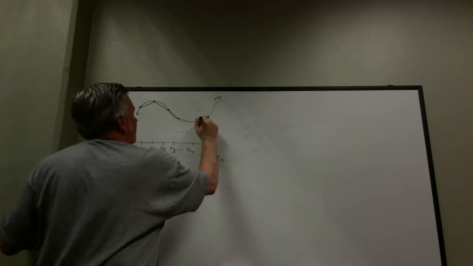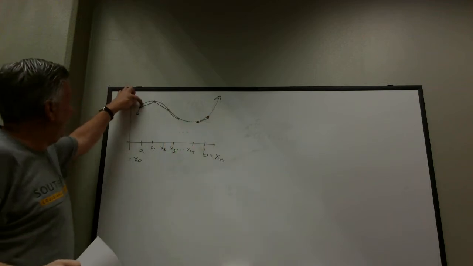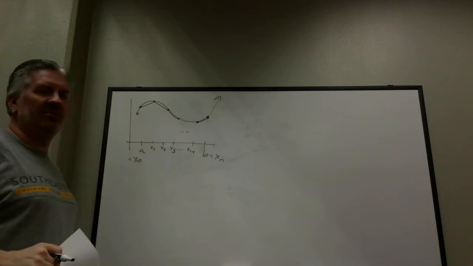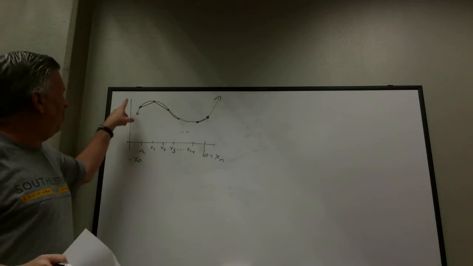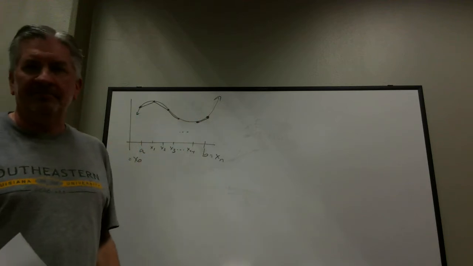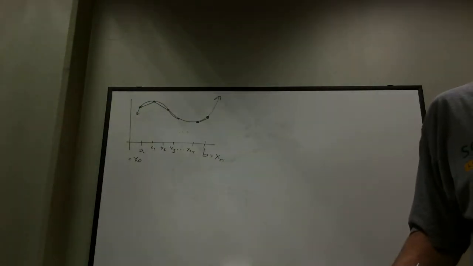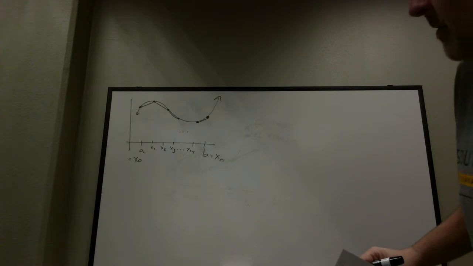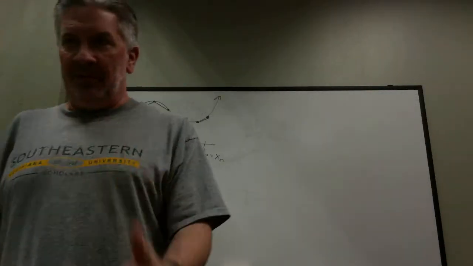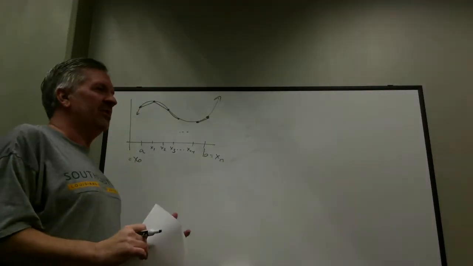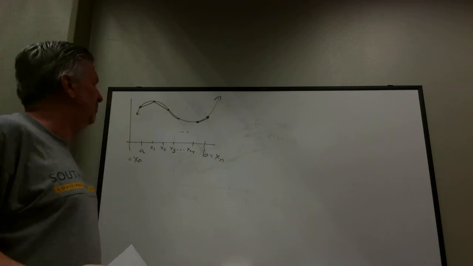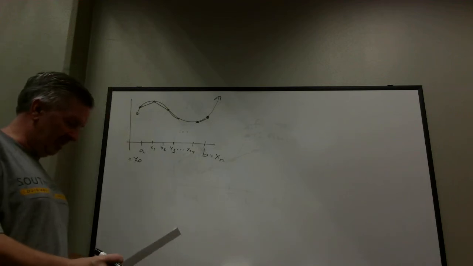Then we're going to add up the lengths of those line segments that we already know how to do, and that will approximate the length of the curve. Okay, so it's the same sort of technique we did with areas under curves. Chop up into smaller pieces, use something easier geometrically that we know how to do. Okay, so that's where we are.